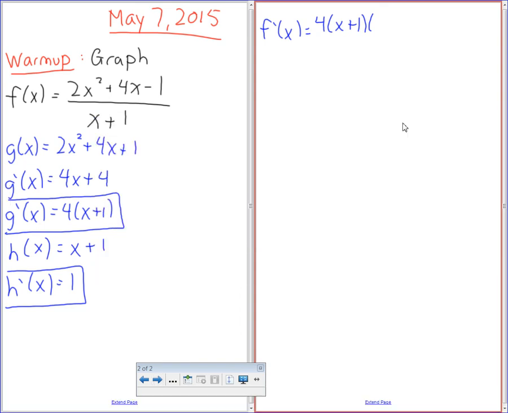And then minus bracket 2x squared plus 4x minus 1 bracket, over x plus 1 squared, lovely. Okay, excellent. Why did Laurel make it x plus 1 squared? x plus 1 and x plus 1, okay?